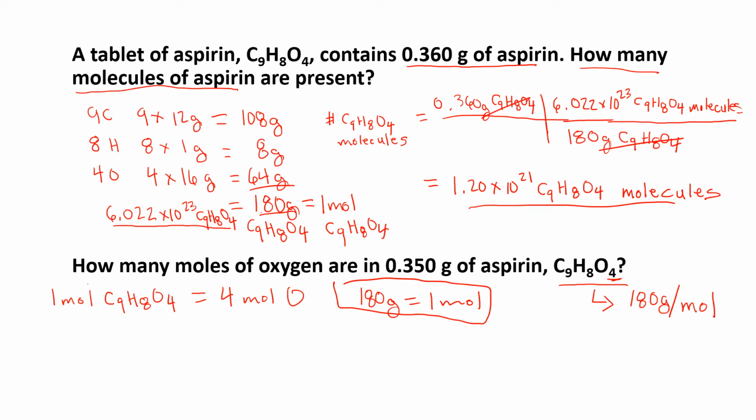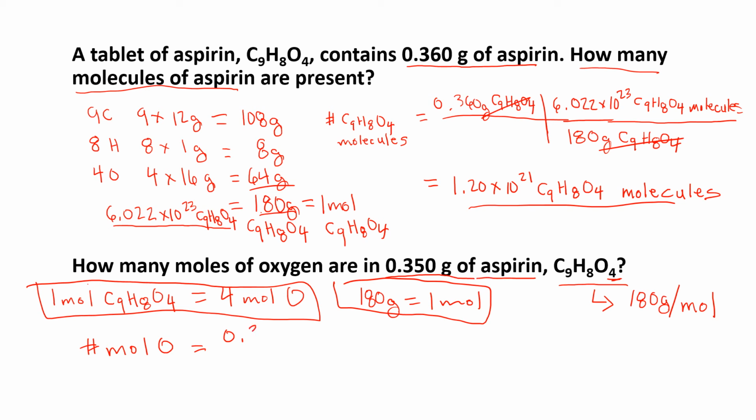So how am I going to do that? Well, I'm going to say the number of moles of oxygen is simply equal to what I'm given in the problem, which is 0.350 grams of aspirin. So I'll write that here. And again, it's good practice to make sure you write the substance along with the units that correspond to it.